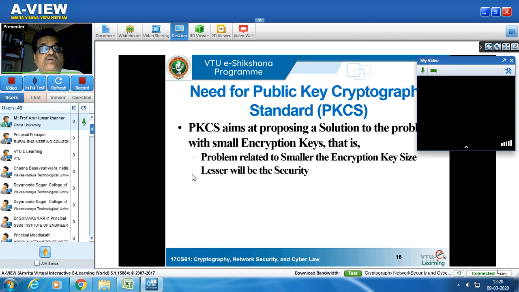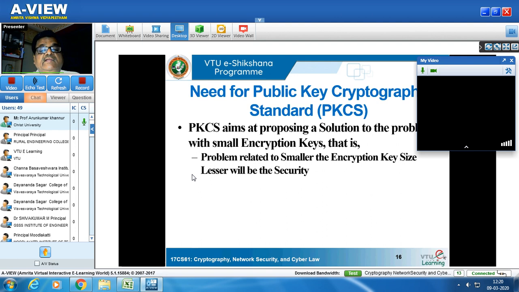So we try to overcome this. That is, the smaller the encryption key size, the lesser will be the security. So the PKCS wants to address it. It tries to overcome the problems related to smaller encryption key size, and it wants to enhance the security.